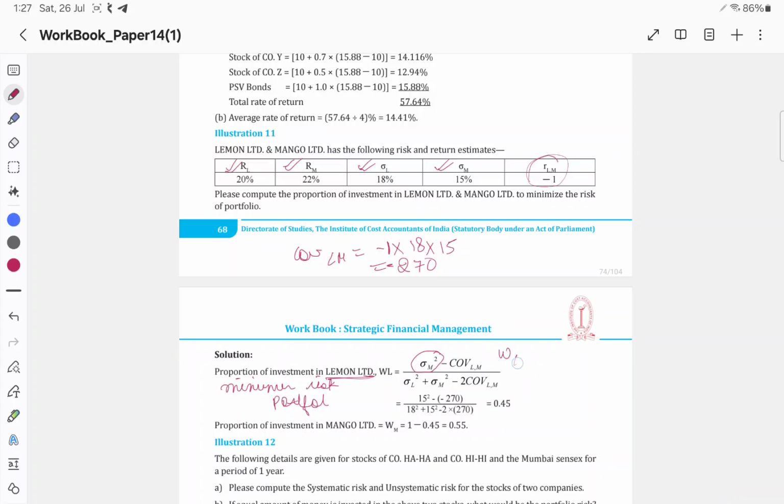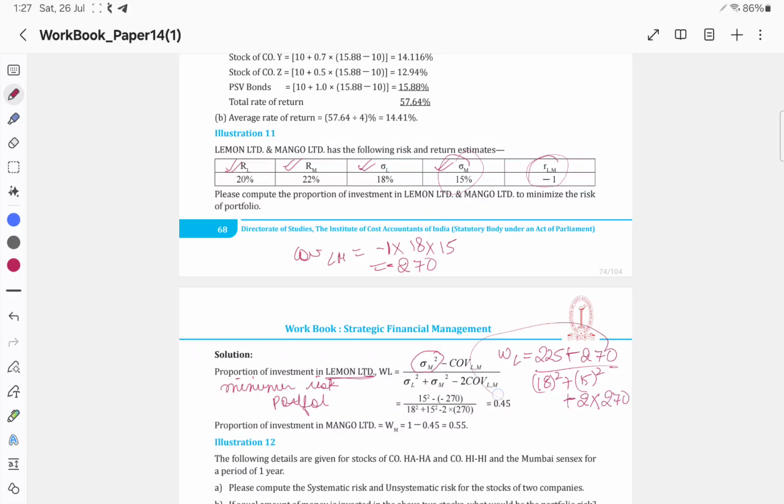Okay, so for calculating the minimum risk portfolio, we use a formula for calculating the weight of L. We will use the variance of M, which comes as 225, minus the covariance, that is 270, divided by the variance of L plus the variance of M minus 2 into covariance of LM.